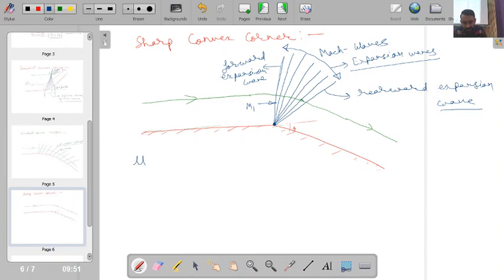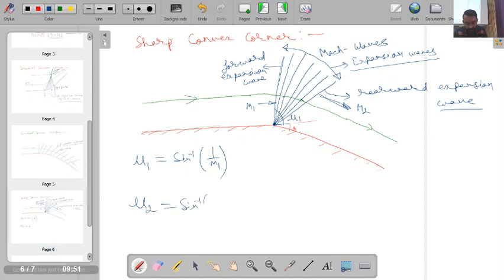So corresponding to this, my angle will be mu1, which is equal to sine inverse 1 by M1. So the angle of this initial expansion wave is nothing but my mu1, and this last wave has a flow Mach number in the downstream direction of M2, so its angle mu2 will be sine inverse 1 by M2. So this angle over here will be my angle mu2.